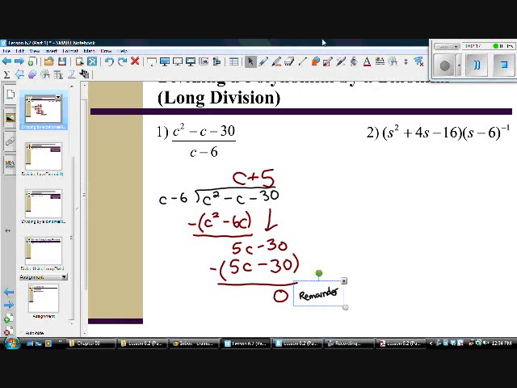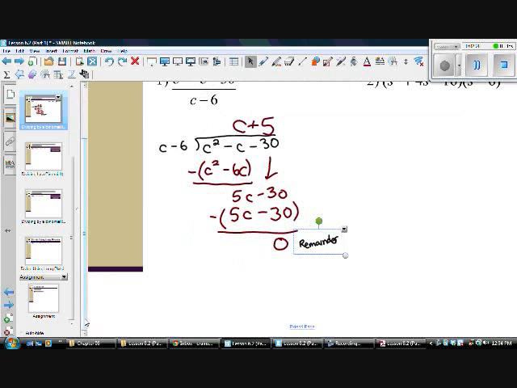That 0 represents your remainder. And so since we have a remainder of 0, our final answer is just whatever is left on the top of the long division, which would be our c plus 5. So that is our final answer when you divide c squared minus c minus 30 by c minus 6.